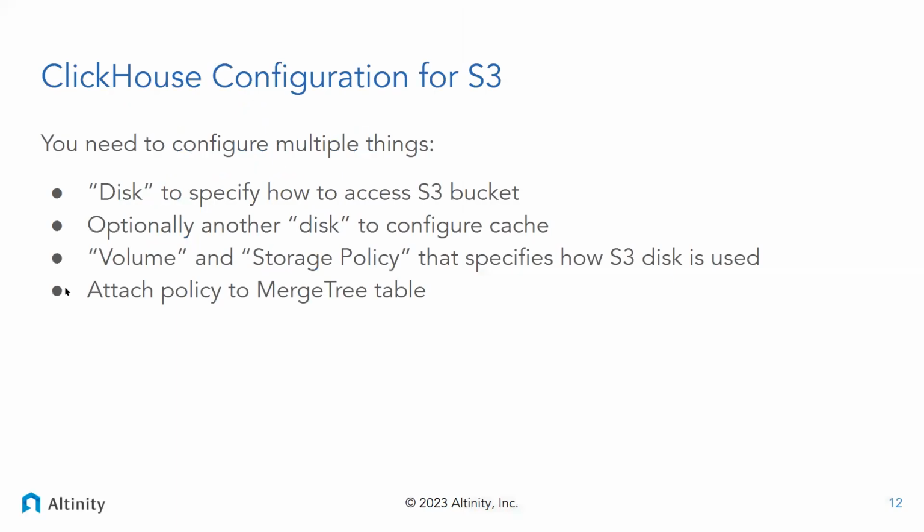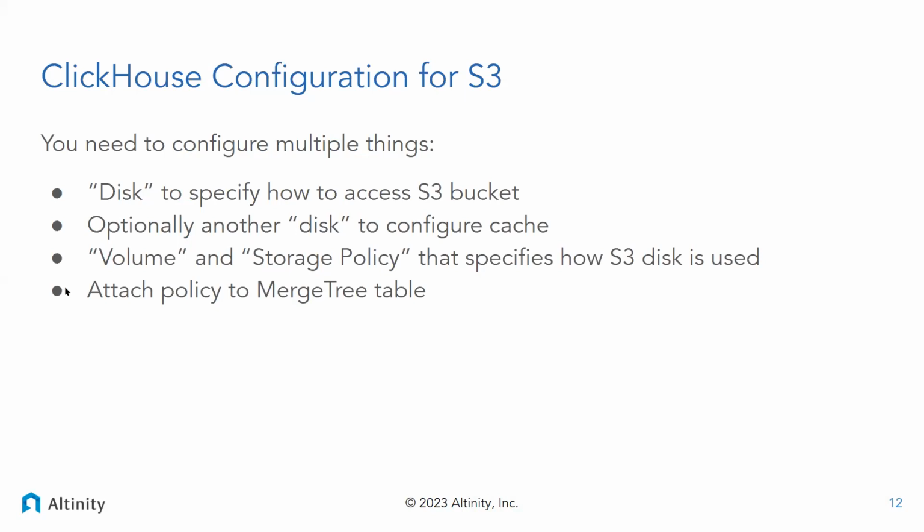So let's dig into setting up ClickHouse to use S3 for merge tree storage. You're going to have to configure a number of things here. First, you'll have to set up what's called a disk, which defines basically a storage device that can access S3, the bucket. Buckets are where you put things, sort of locations where you can load files.